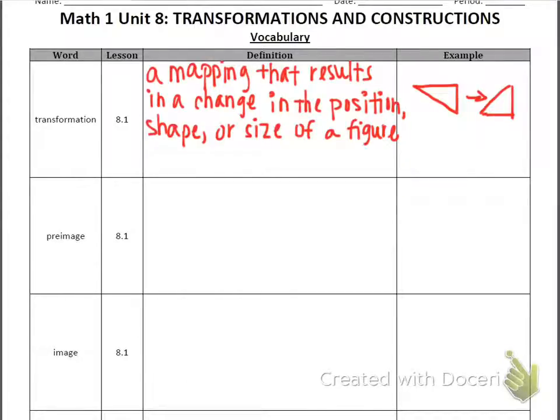Another vocabulary that we need to know is when we're doing a transformation, we have what's called the pre-image and the image. So the pre-image is the original figure of a transformation.